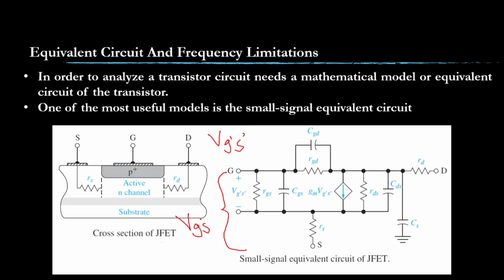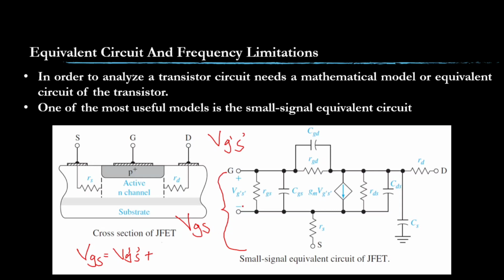How can I represent my VGS in terms of VG dash S dash? VGS is equal to this voltage, VG dash S dash, plus the voltage drop across the RS. This is my source, this is my gate. Whatever voltage I apply across the gate and source will be VGS.